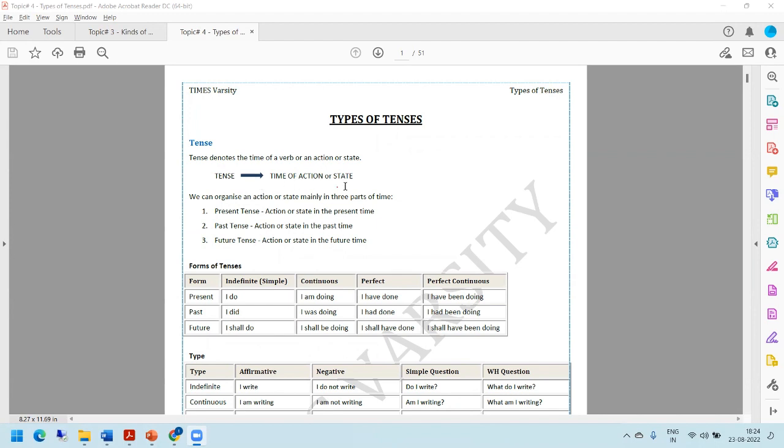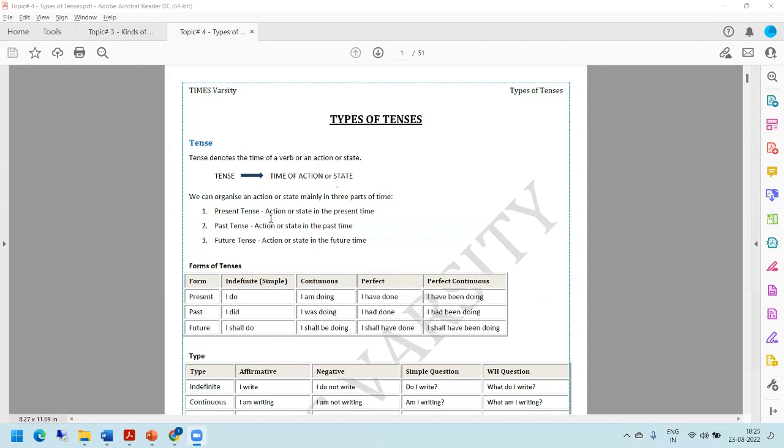So the time of action or state is called tense. We can organize an action or state mainly in 3 parts of time. One is present tense, second is past tense, and the third is future tense.